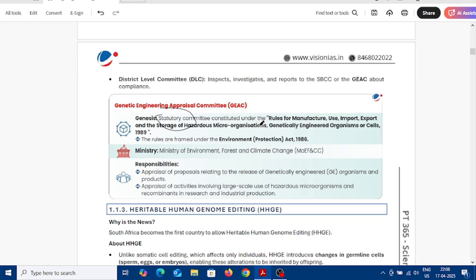These rules were framed under the Environment Protection Act 1986. So the ministry in which GEAC sits is MoEF&CC, the Ministry of Environment, Forest and Climate Change. Responsibility is obviously about safety measures, preventing large scale hazardous use, proposals relating to approval and all.